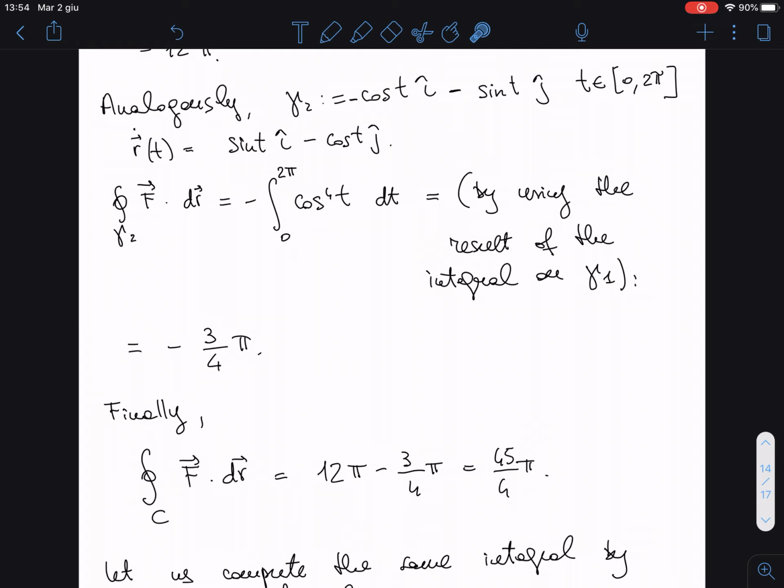We just have to divide it by 16. So it is the same integral as before, but divided by 16.